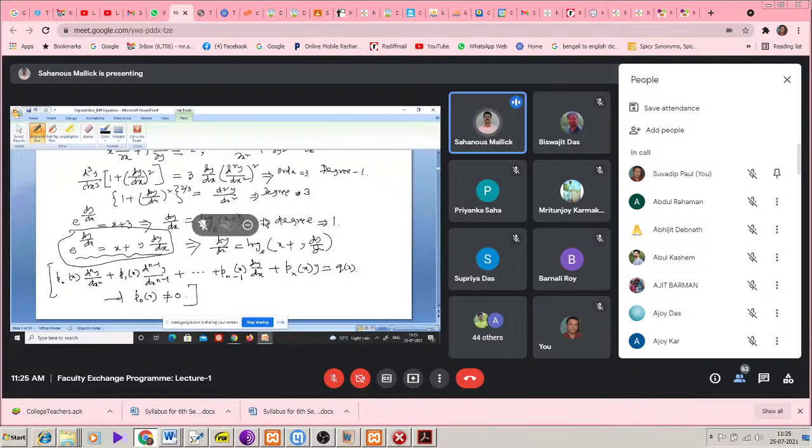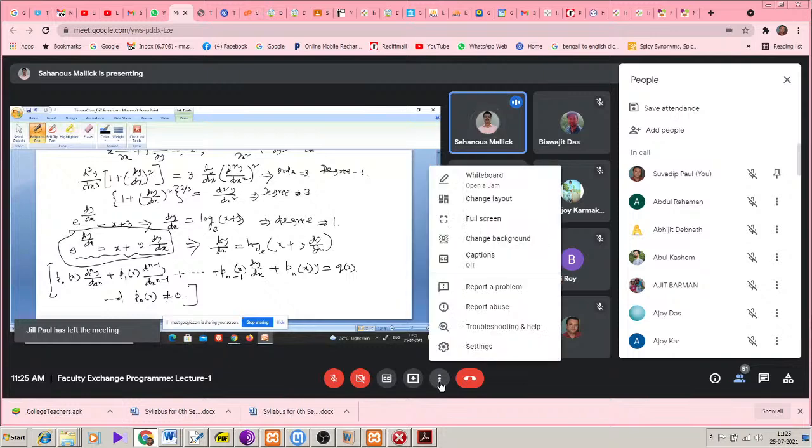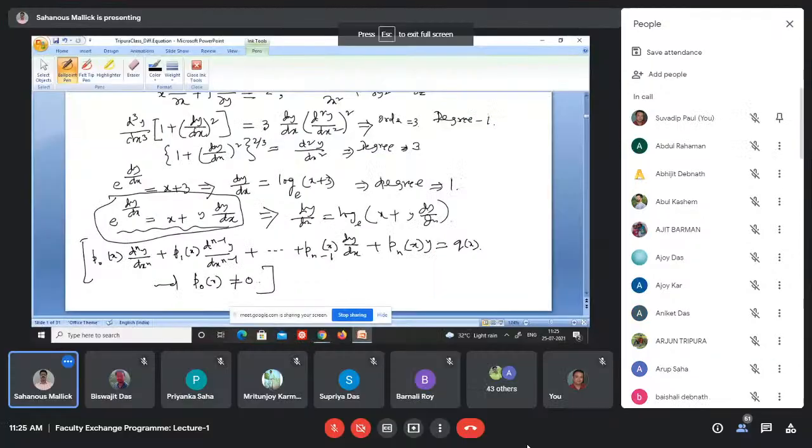This is a linear differential equation of order n. An ordinary differential equation is called non-linear if it is not linear.